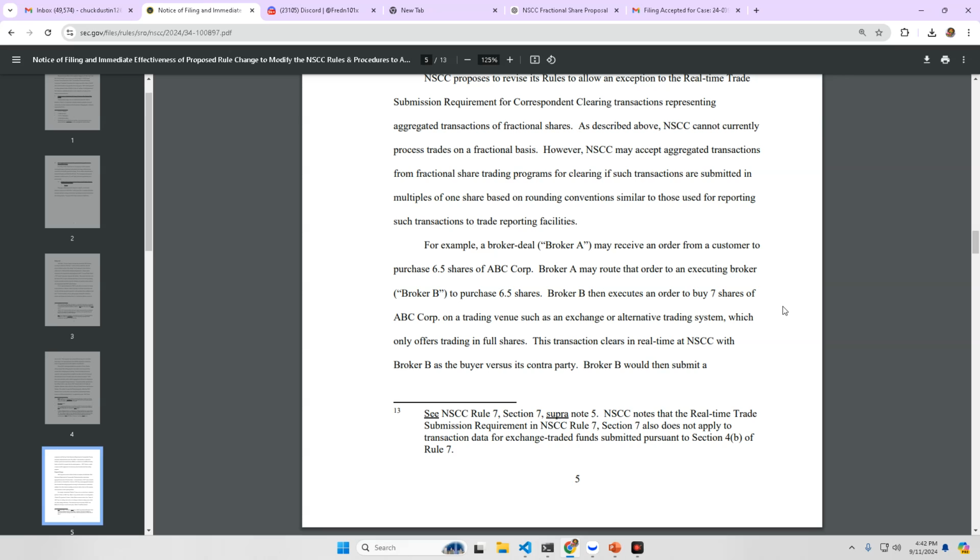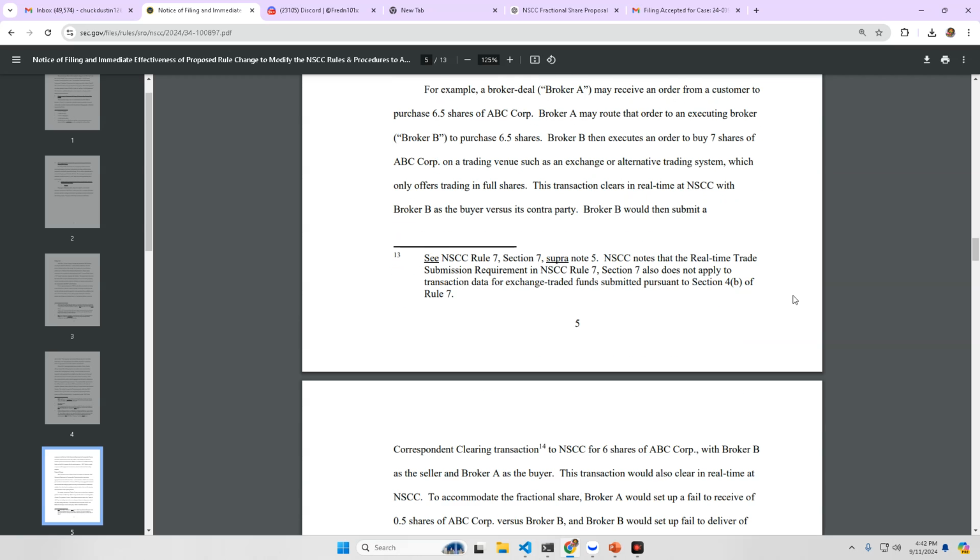Broker B, the executing broker, executes an order to buy 7 shares of AMC on a trading venue such as a lit exchange, or an alternative trading system, which is off exchange. So it can be either, and it only offers trading in full shares. This transaction clears in real time at NSCC with broker B as the buyer versus its counterparty, which in this case would be broker A. So broker B is the one buying them.